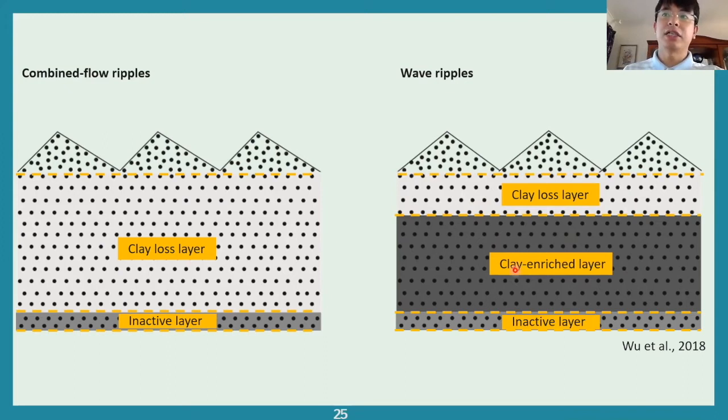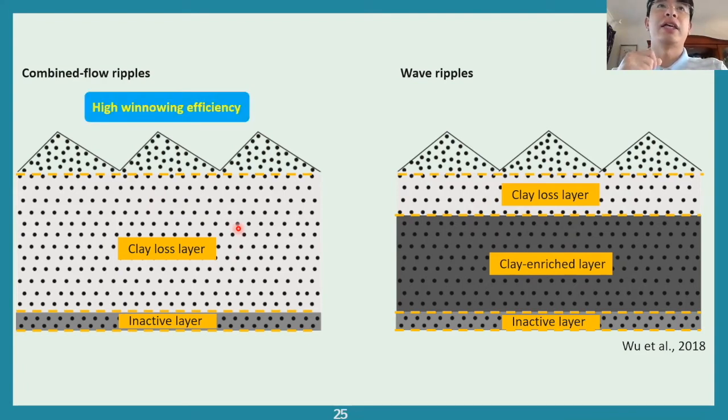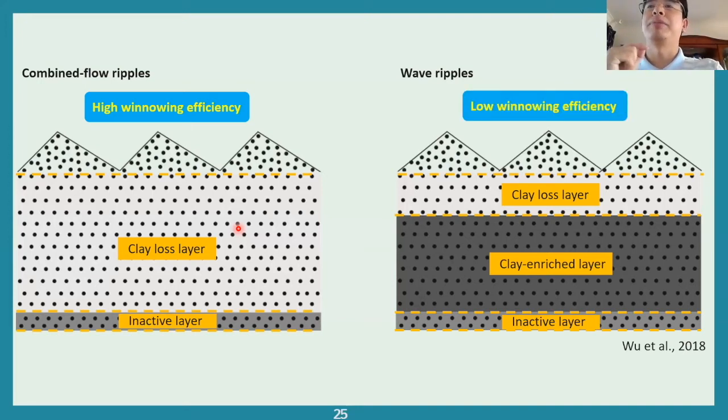However, such a clay enriched layer was absent below the combined flow ripples, which indicates that under combined flow the clay winnowing may be of very high efficiency compared to the clay winnowing under waves, which may be lower.